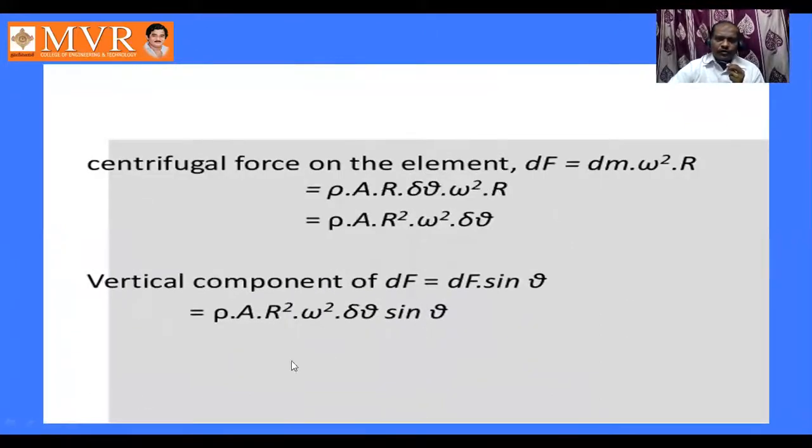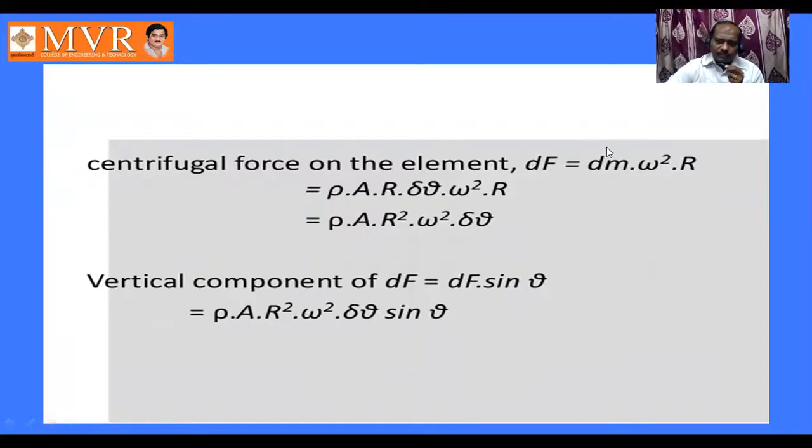The kinetic energy is equal to half m v square. If you calculate, the force that acts away from the center is called the centrifugal force. Centrifugal force is mass into angular speed square into radius.